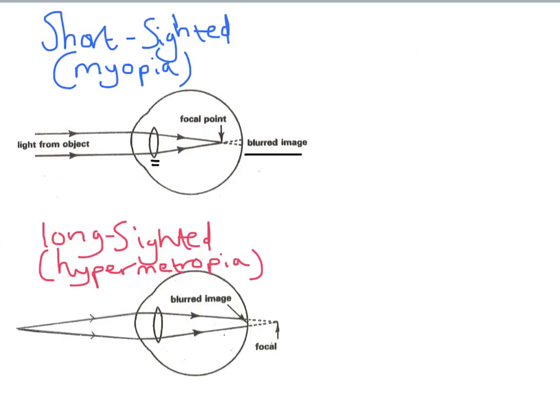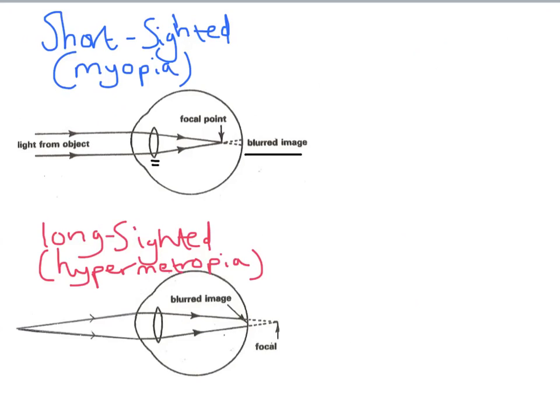So in someone who is long-sighted, far-sighted, what we have here essentially is someone who can see distance very well. They can see long distances easily, but when objects are very close up, they appear much more blurred than usual. That's because the light rays once again come in and are refracted by the lens.